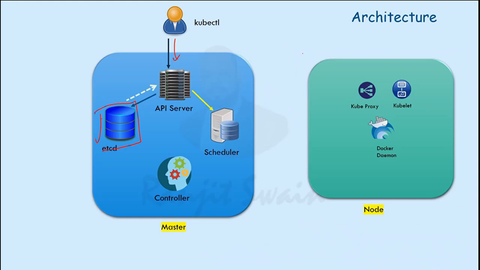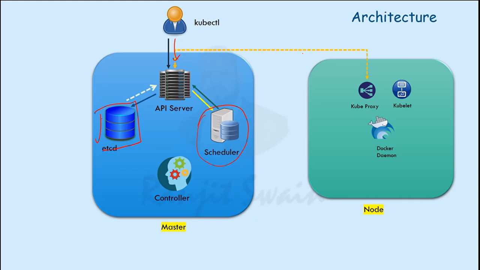The main role of the scheduler is that it schedules the pod, or the container creations and deletions, everything is done by the scheduler. So once we get the information back from etcd, the API server sends the request to the scheduler. The scheduler sends back the response to the API server again.